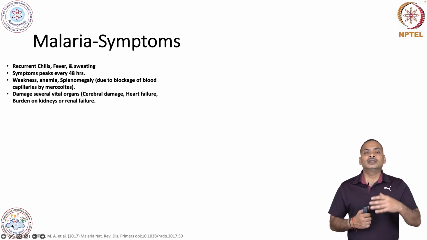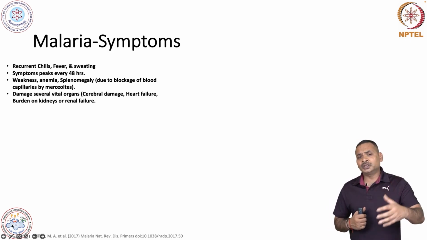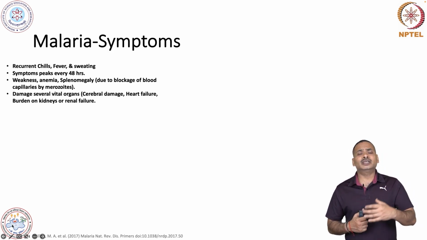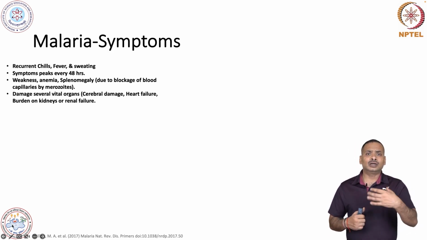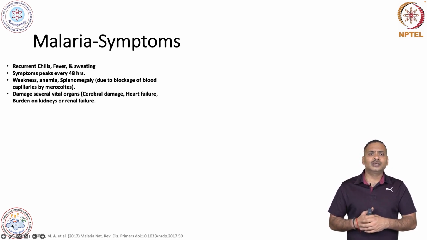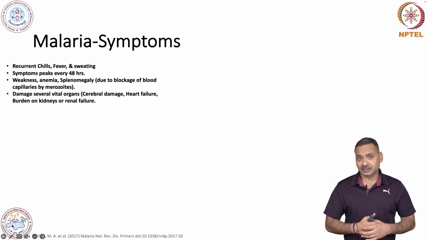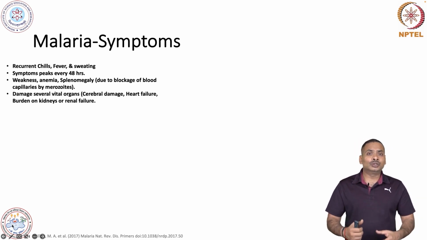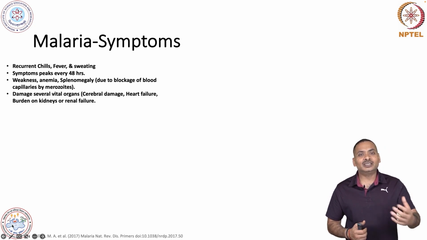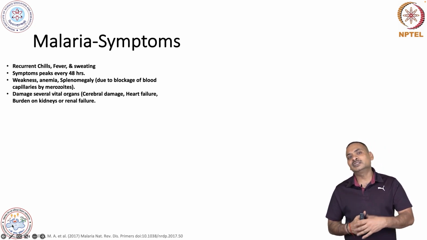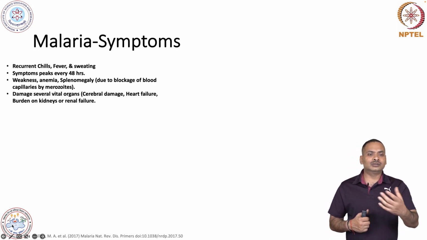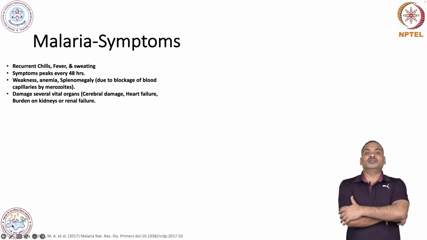Okay. And due to this blockage, that can also cause heart failure. Okay. And you know that all blood is filtered in the kidneys. Okay. So, since the blood is loaded with this parasite, that may also block the kidneys. Okay. So, that results in renal failure.